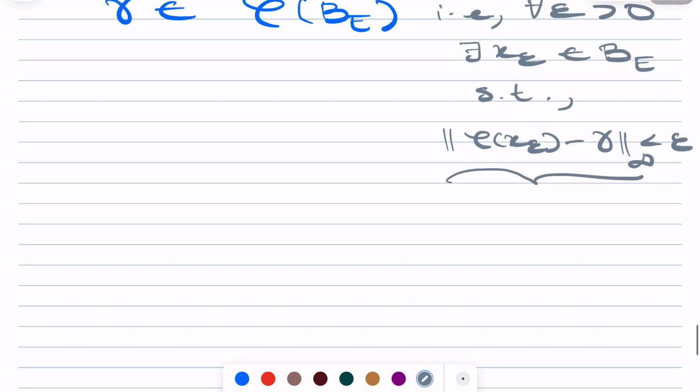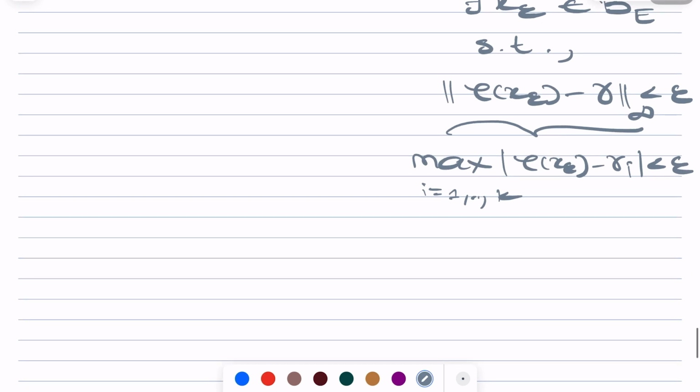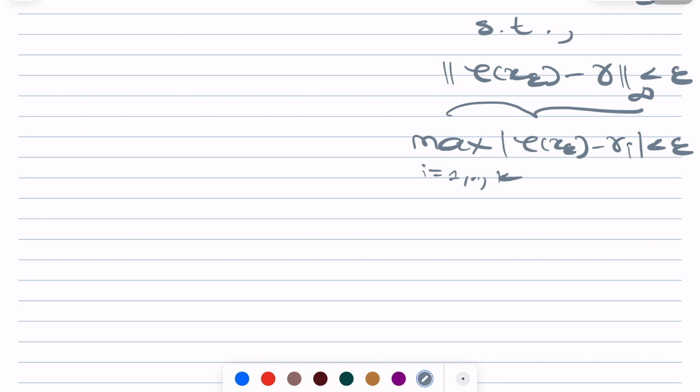Since we are in R^k, the infinity norm is the max of the absolute value of phi i of x epsilon minus gamma i, i moving from 1 to k. The max should be strictly less than epsilon, so this means all the elements should be less than epsilon.